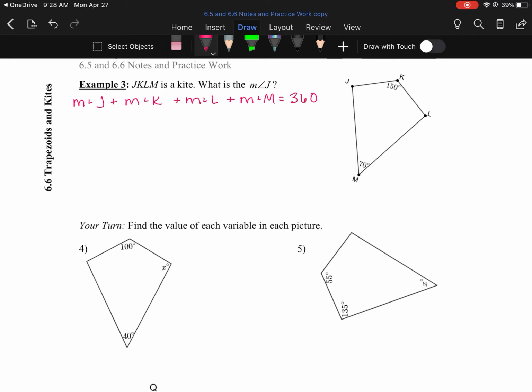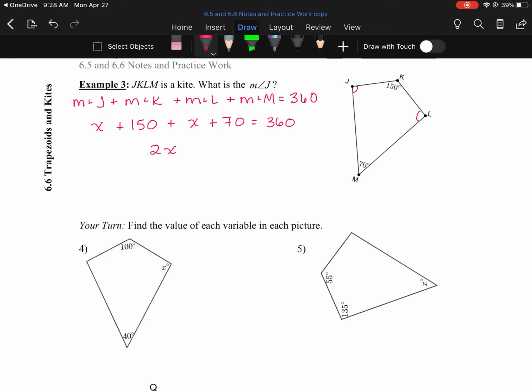360. So J I don't know, so I'll call that X. K is 150. L we don't know, but since K and M are different, that must mean J and L are congruent. So we can call that X again, plus M, which is 70, and that is equal to 360.